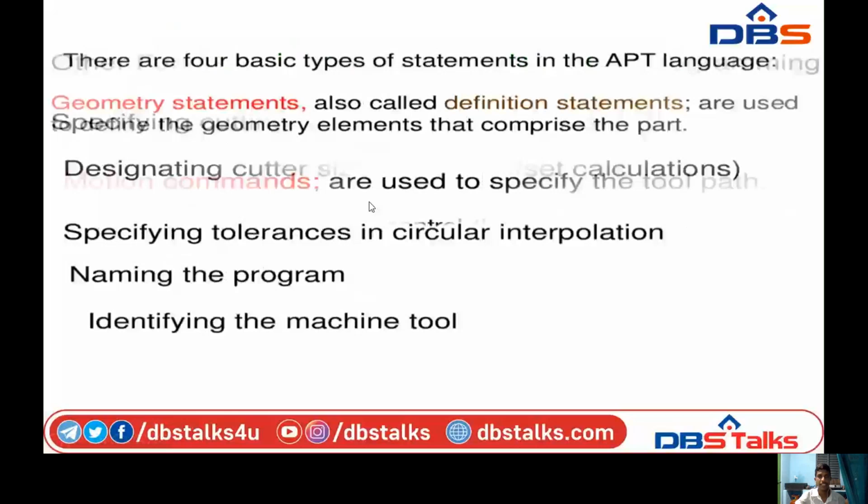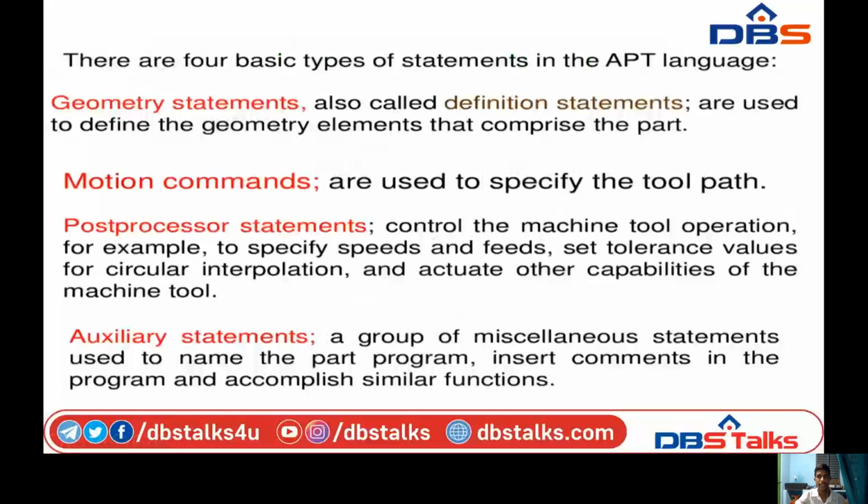Next, there are 4 basic types of statements in the APT language, automatically programmed tool language: geometry statements, motion commands, post-processor statements, and auxiliary statements. Geometry statements are used to define the geometry elements in the particular part.